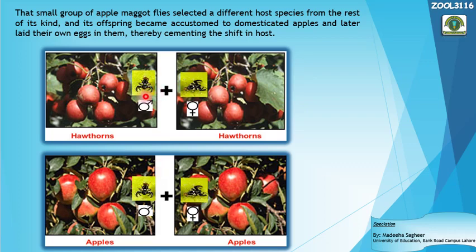Now the male fly of the hawthorn berries will always mate with the female fly of the hawthorn berries, and the male and female flies of the apple fruit will mate with each other. The mating couldn't be like this. It could never happen that the male fly that has been brought up on the hawthorn berries would mate with the female fly of the apple berries. No, not at all.